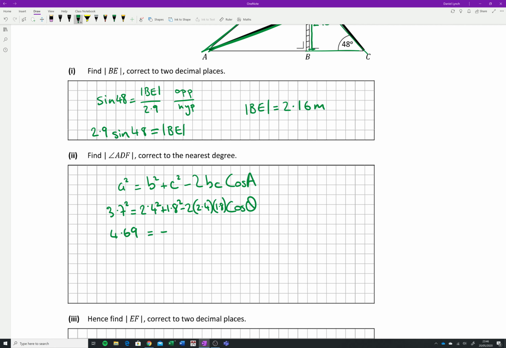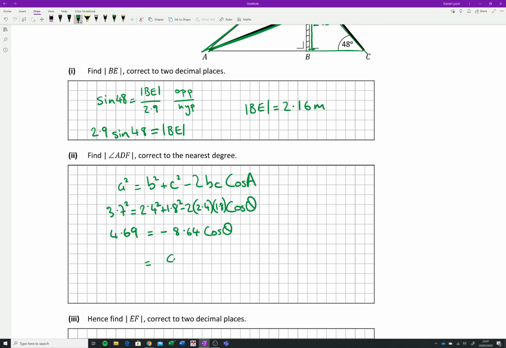That comes out as minus 8.64. Just going to double check something. 3.7 squared, 13.69. That's 9. Okay, yeah, that's all good, and it's cos theta.